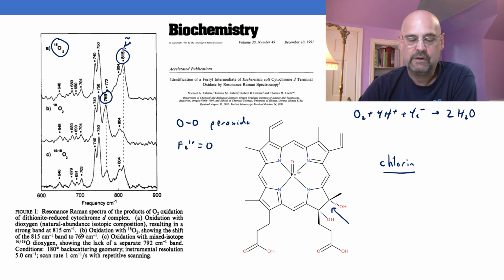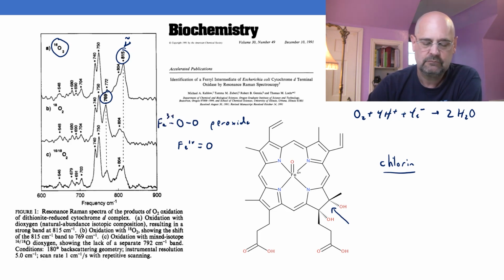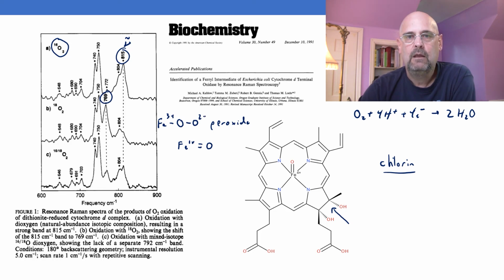Our first thought was that it was peroxide. So we'd have a peroxide bonded to an iron 3 and an O2 minus. Why? Because, mostly because this sort of iron 4 oxo species is not known to be stable. In any other protein, it was not known to be stable.